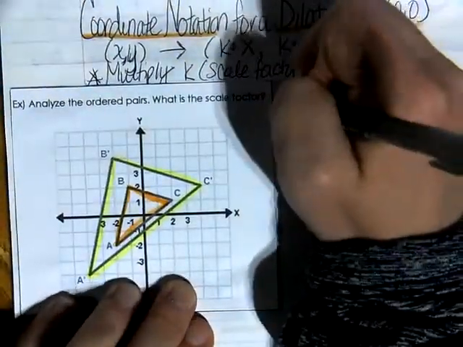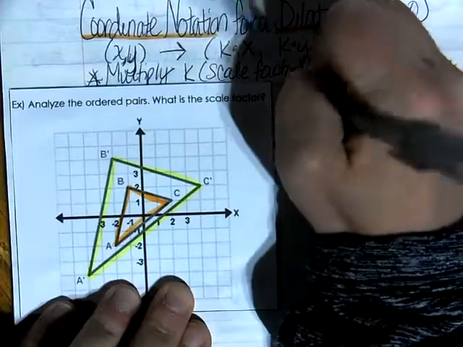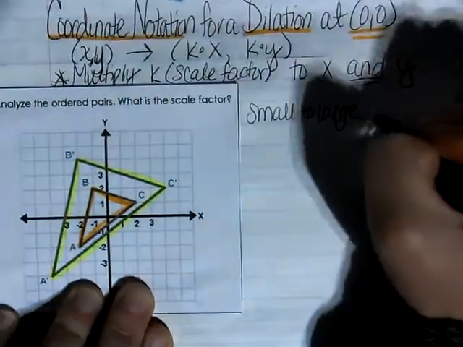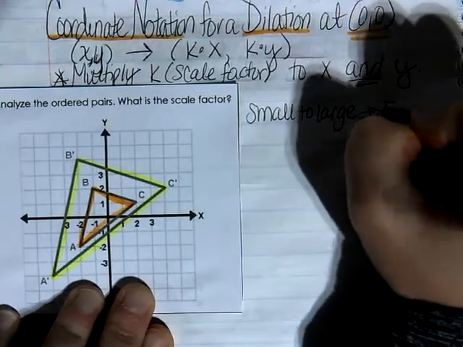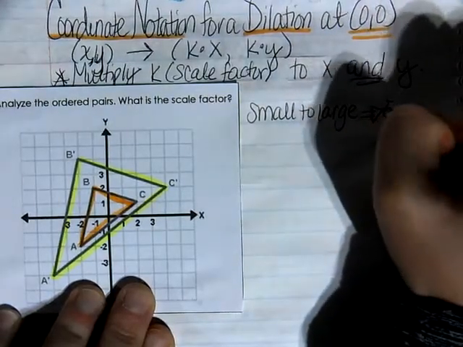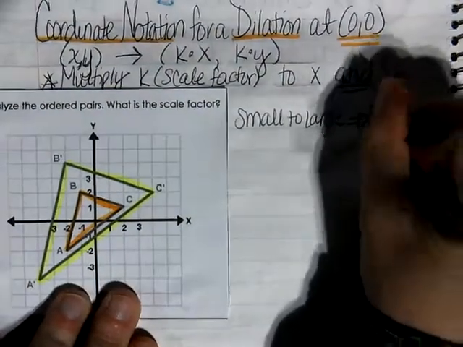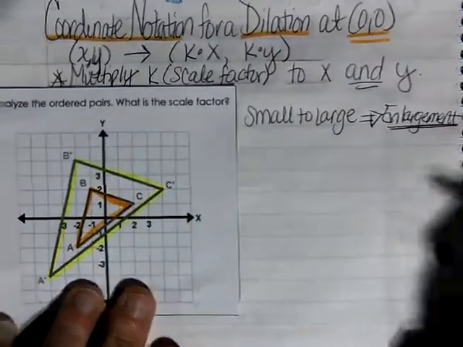Because we're going from small to large, this means that we have an enlargement, which means that we would expect our scale factor to be bigger than 1.